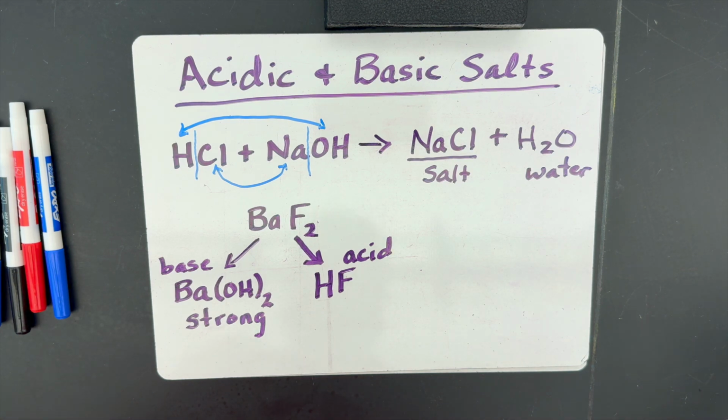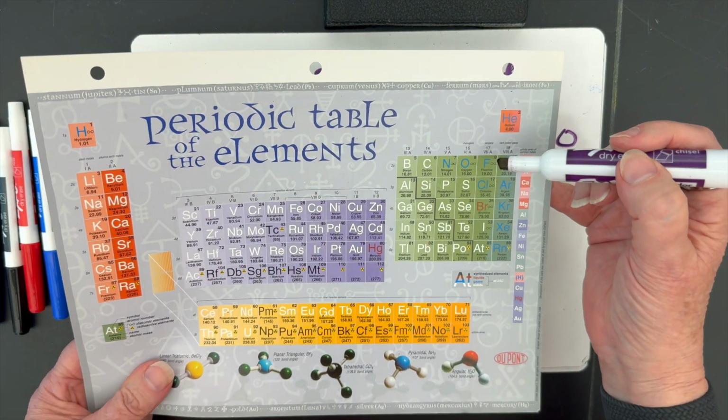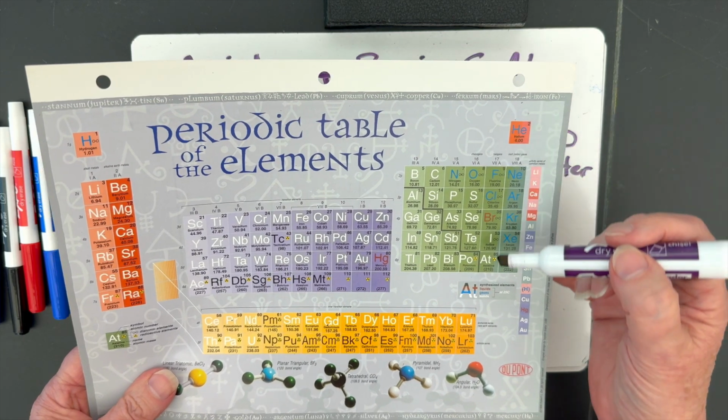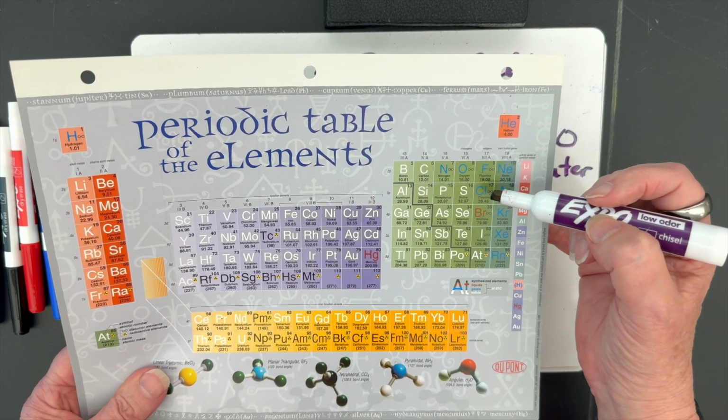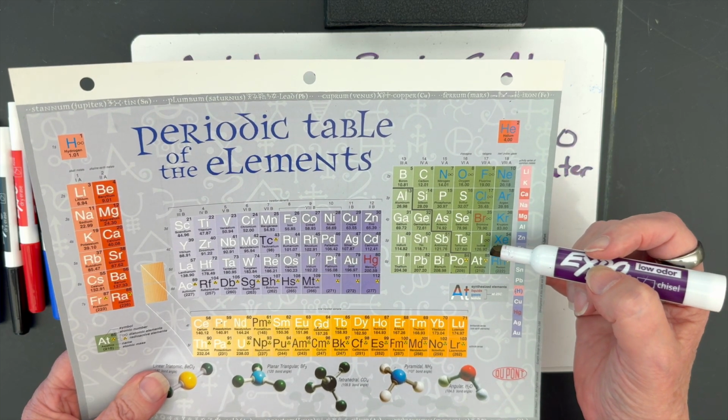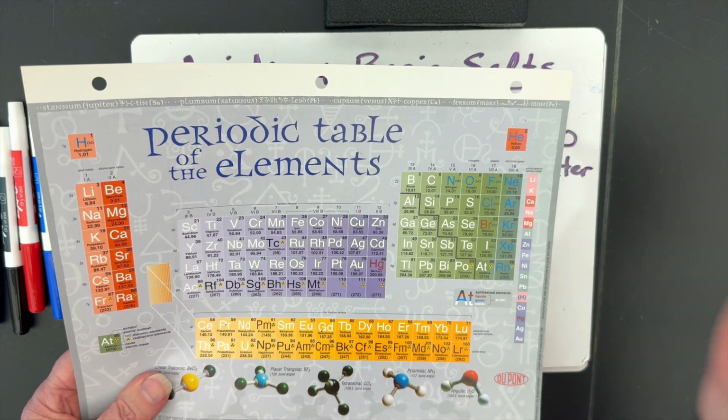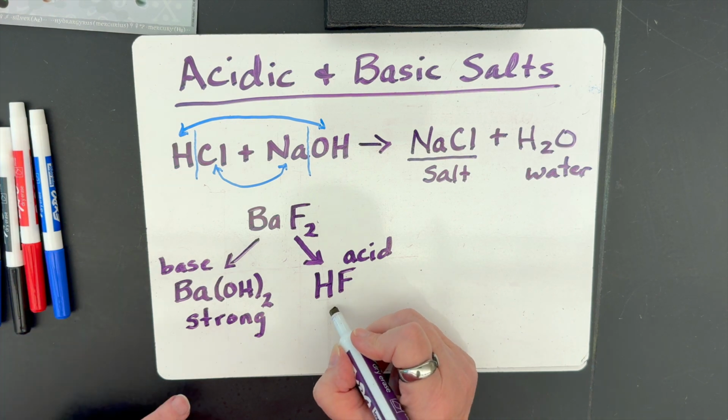It dissociates into its ions completely, 100%. HF, well, as we said, F is in this column, but the only 3 strong binary acids are HCl, HBr, and HI. So HF is actually weak.